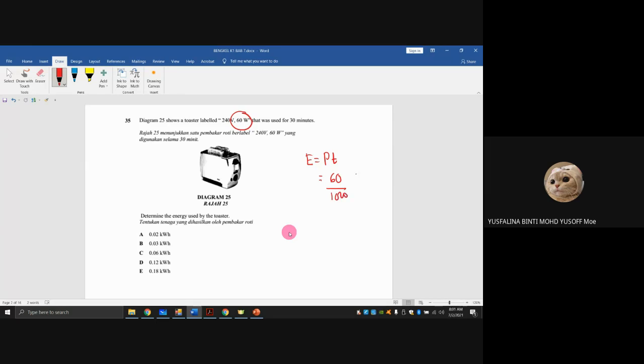And the time has to change into hours, so 30 divided by 60. So 60 divided by 1000 times 30 divided by 60, you will get 0.03 kilowatt hour. Very good.